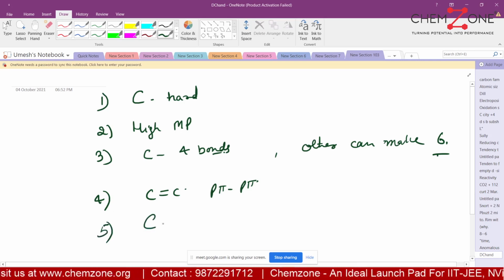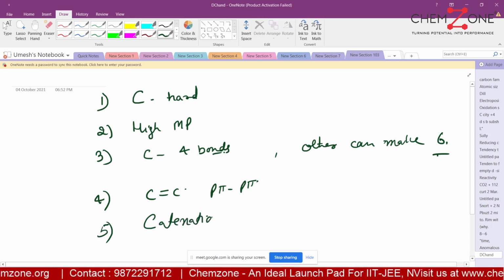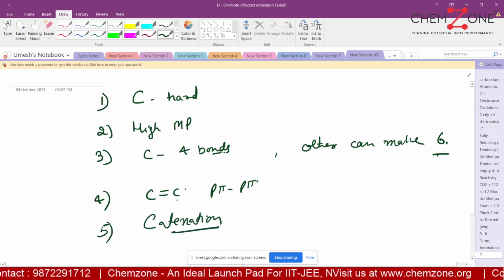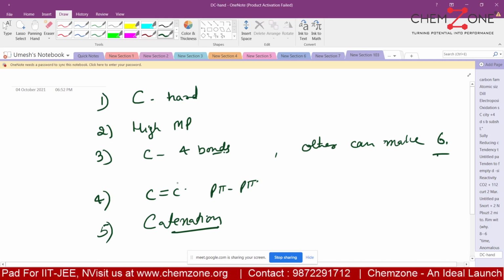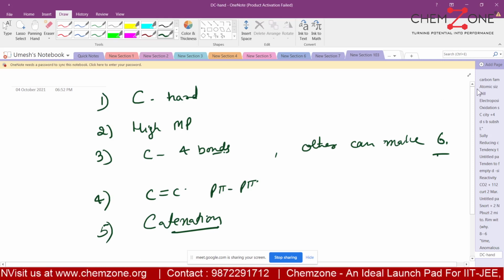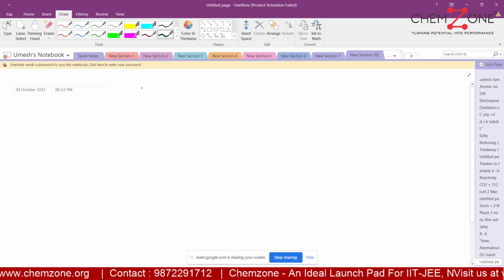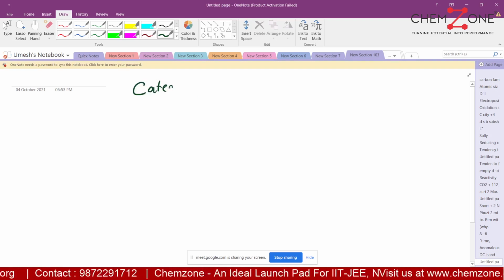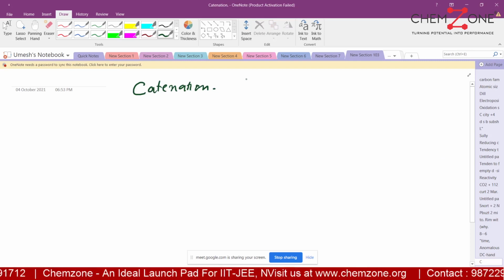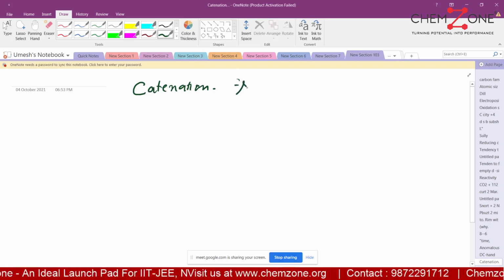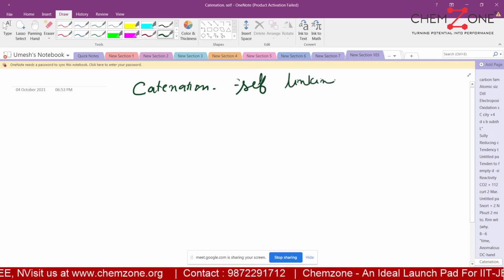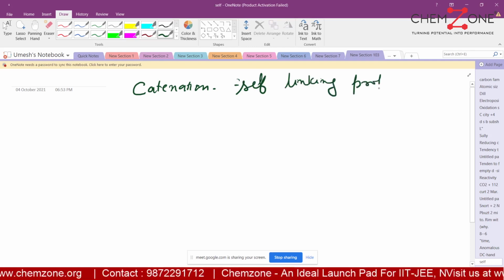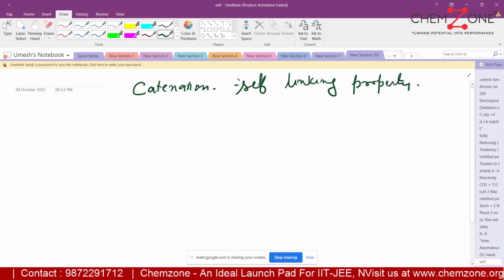Fifth, carbon can show catenation; no other element can show catenation. Can you tell me the meaning of the word catenation? Catenation means self-linking property.